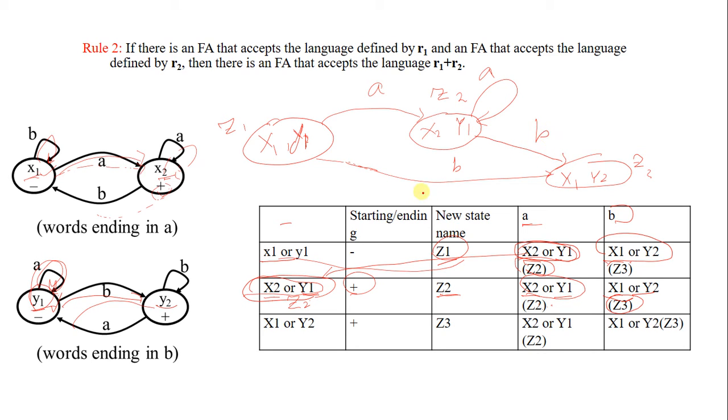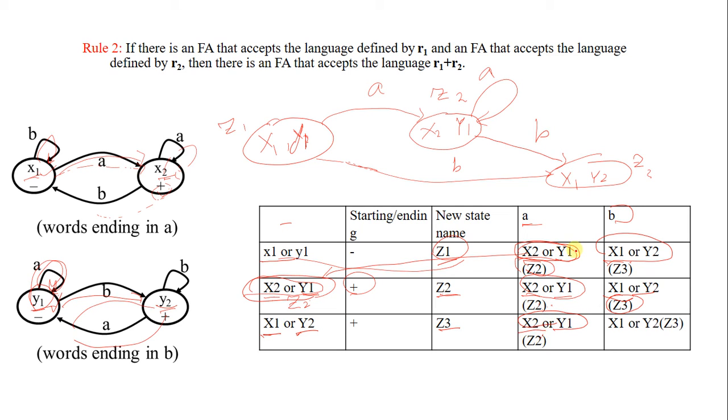So we have checked two states, z1 and z2, for letters A and B. Now we have to check state number 3, z3, for letters A and B. At z3, meaning x1 or y2, at x1 for letter A you move to x2, and at state y2 for letter A you move to state y1. This combination is z2, which you have already gone through.